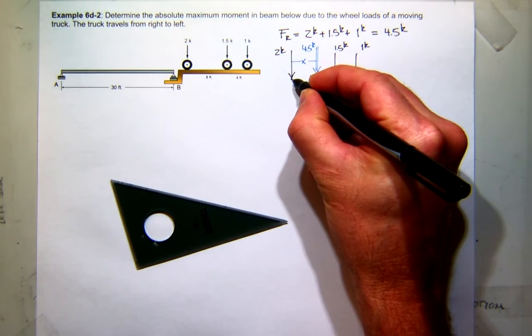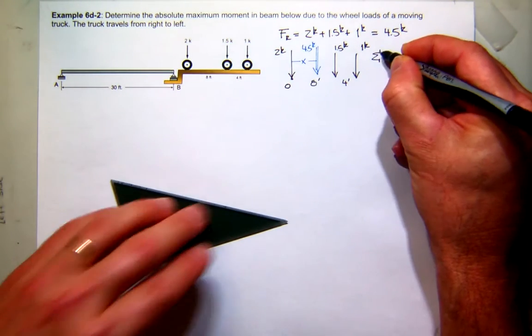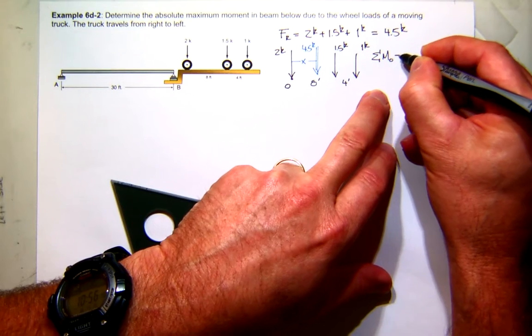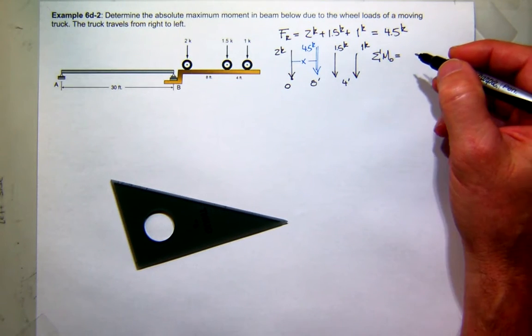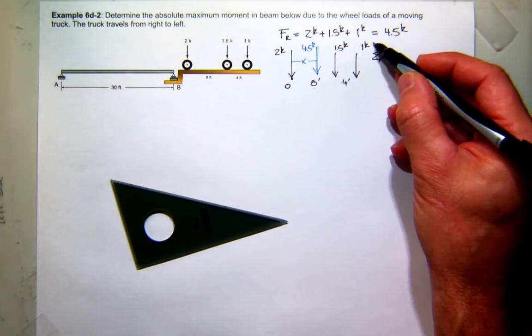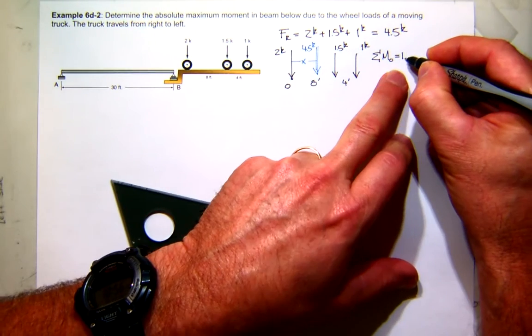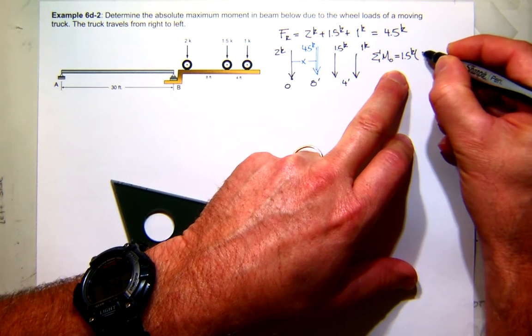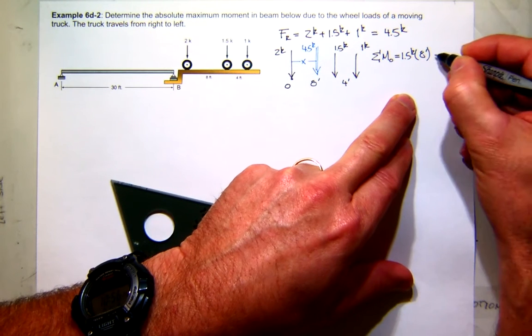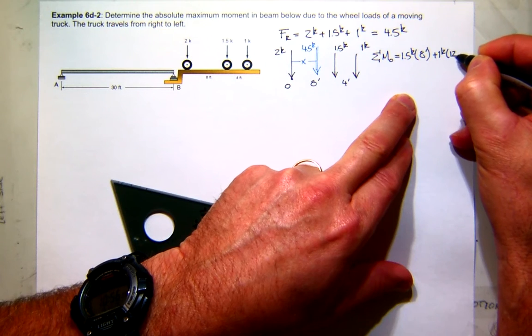So again, I'll pick this front point, I'll call it O. So if I sum moments about O and use the real forces, what do I get? I get 1.5 times 8 plus 1 times 12. So 1.5 kips times 8 plus 1 kip times 12 feet.